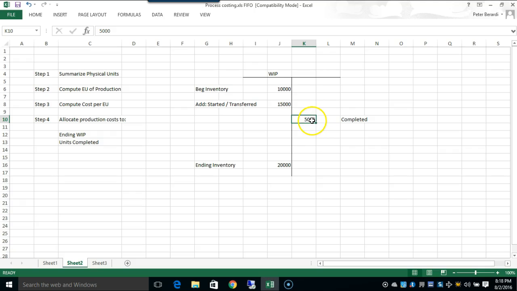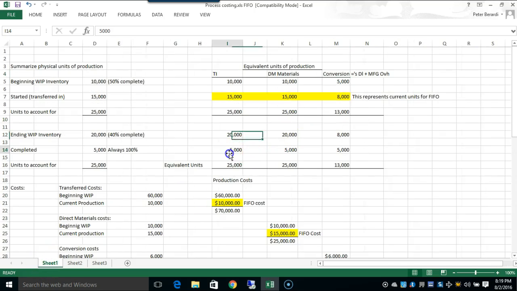That means they went from WIP to finished goods. So for something to go out of WIP into finished goods, it's done. It's 100%. That's a no-brainer. So take your 5,000 completed units: transferred in, they're going to be 100%. For direct materials, 100%. For conversion costs, 100%. So if you know nothing about process costing, you should be able to get this line right.